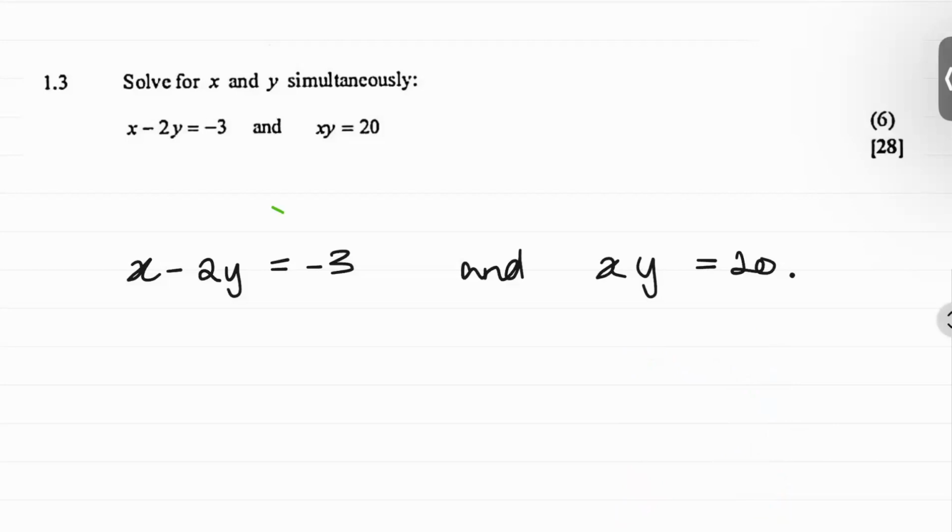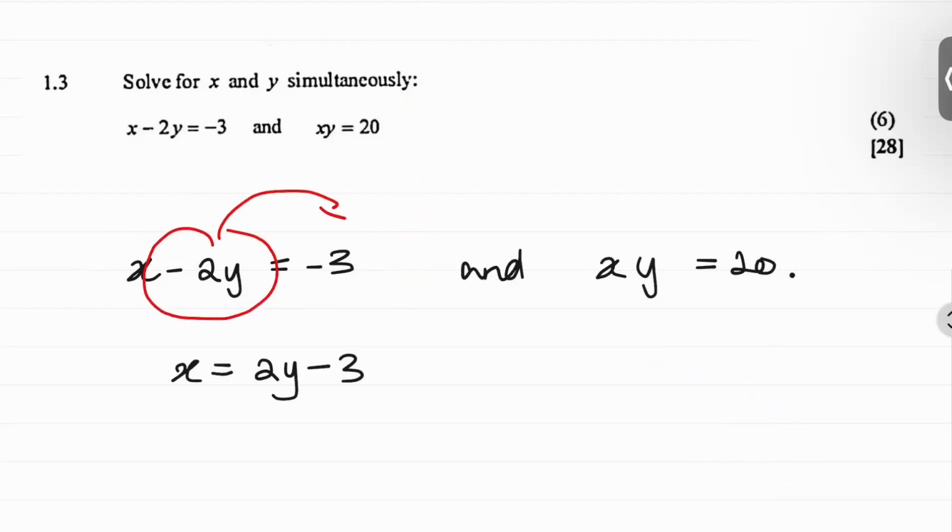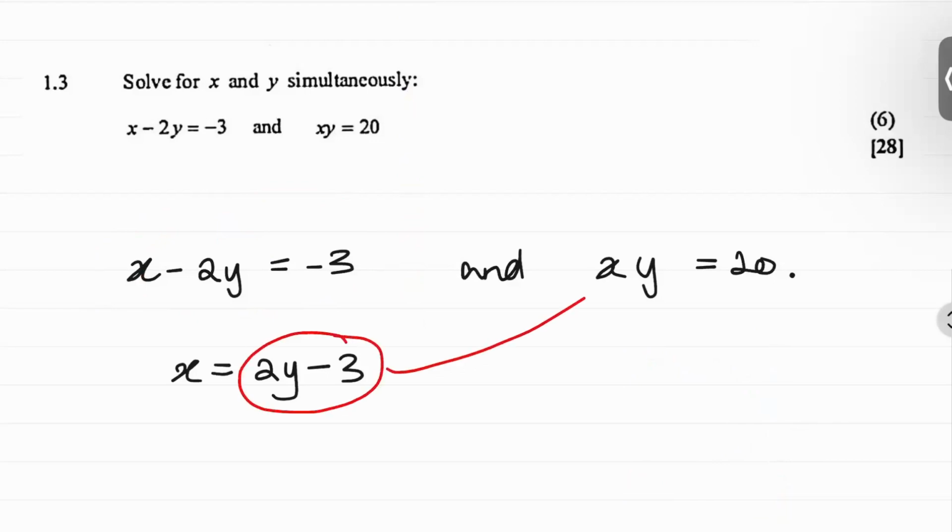Instead, let me rather work with this equation. So x can be equal to 2y minus 3. We simply take the -2y over to the other side. Then what you want to do is substitute this x for what you got for x here.